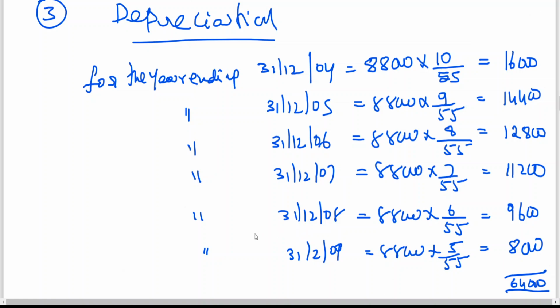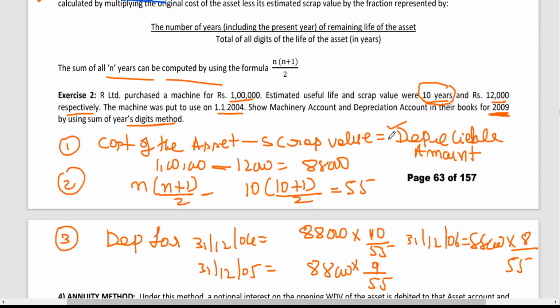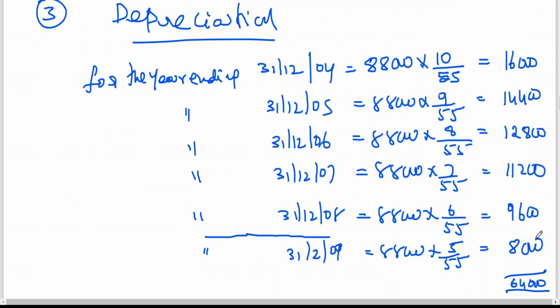He's asking just for an account for 2009, no? So what we do here, we restrict here because 31st December 2009 will go to the depreciation account.